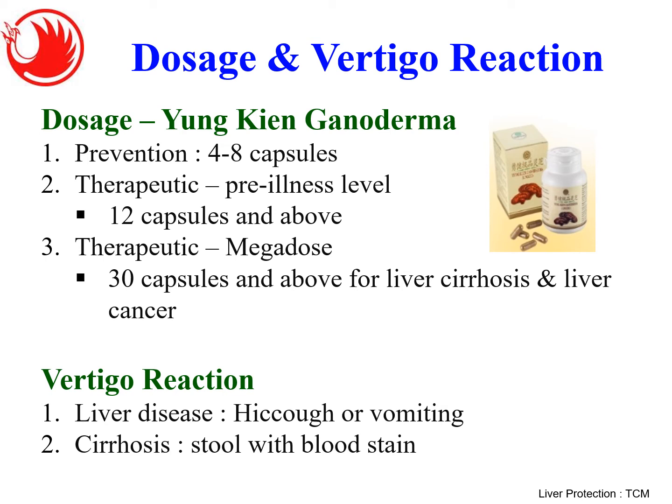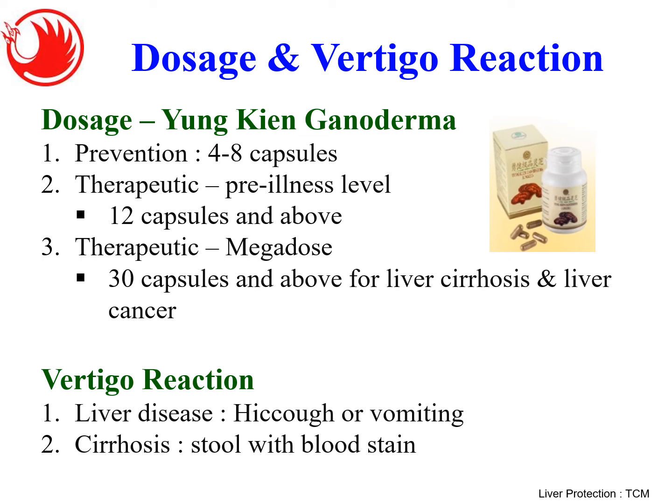When first taking Ganoderma, different people may experience different reactions, and we call this a vertical reaction. It is temporary, for a few days to weeks. For liver disease, you may experience hiccups or vomiting.